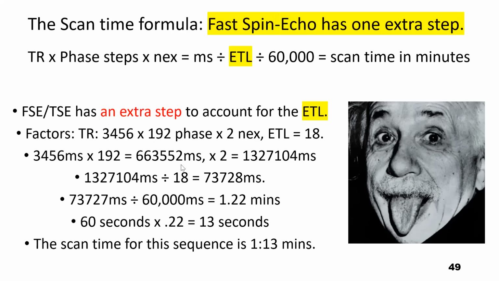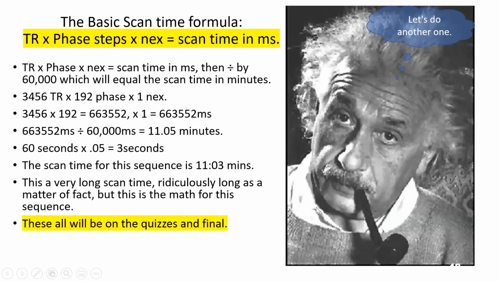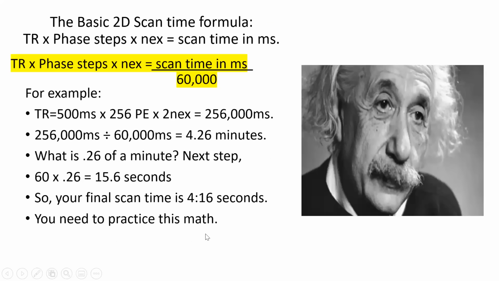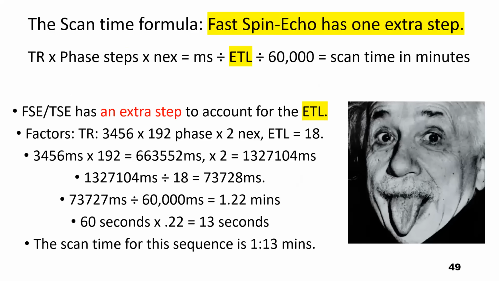Now we need to make this milliseconds into minutes. 60,000 is the number of milliseconds in 1 minute. So if you've got a great big time in milliseconds that you need to make into minutes, you have to divide by 60,000. It's the number of milliseconds in 1 minute. So yeah, there's a bunch of little math here, but you've got to know the processes.